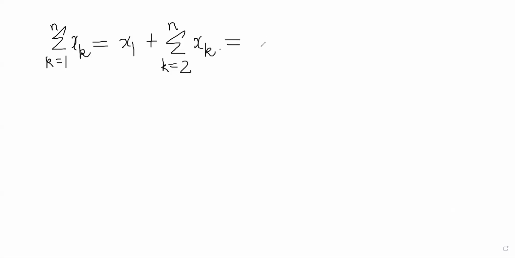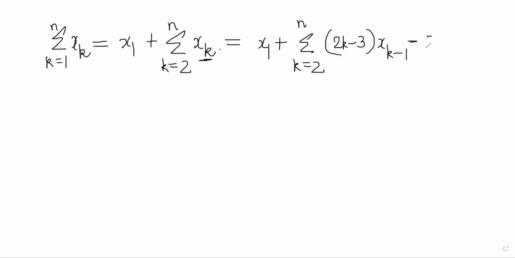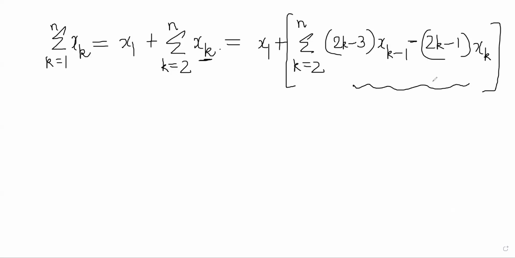But now we will rewrite this as k is equal to 2 to n. Instead of xk, we will write it as (2k minus 3) x(k minus 1) minus (2k minus 1) xk. We can do that because we have proved that xk was equal to this based on the initial condition of the problem, right?